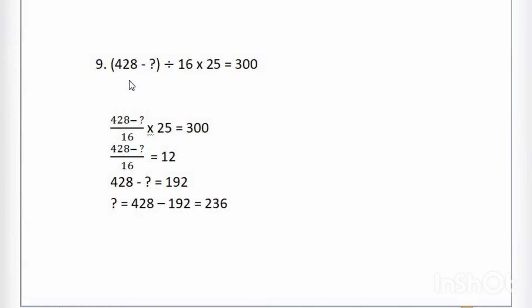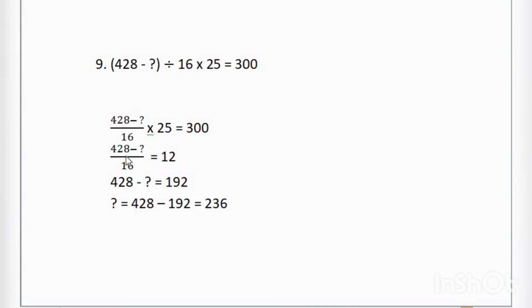Ninth question is 428 minus question mark divided by 16 into 25 equal to 300. Here this division is applicable to the numbers given in the brackets, right? So 428 minus question mark divided by 16 into 25 equal to 300. As per the BODMAS rule, first you do division then only multiplication, right?